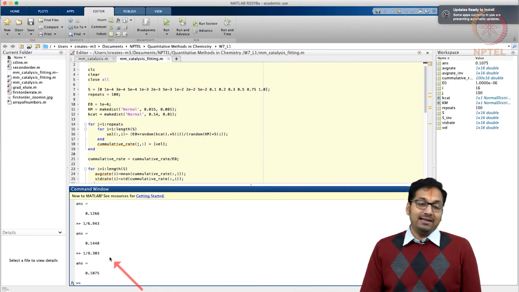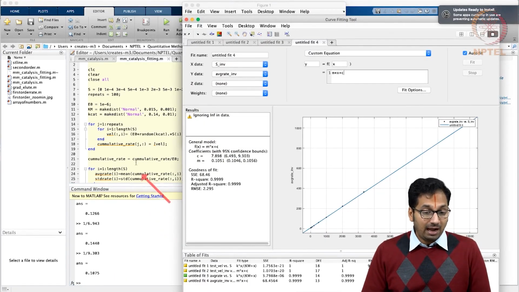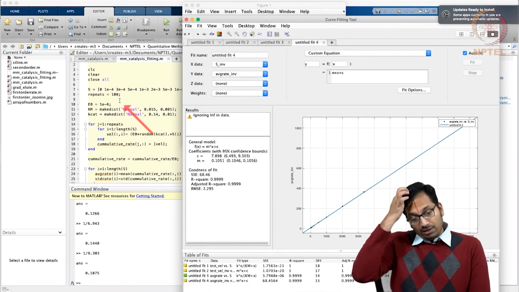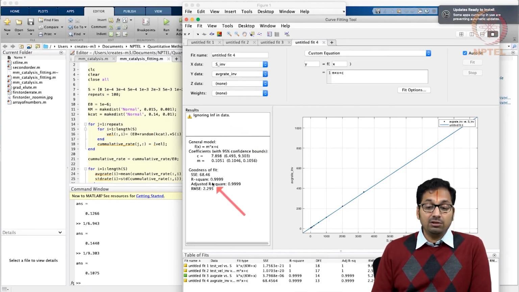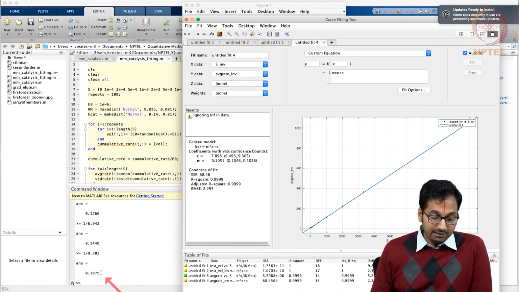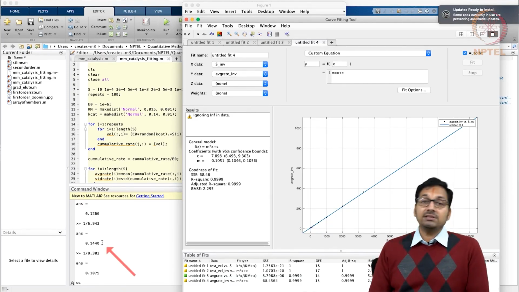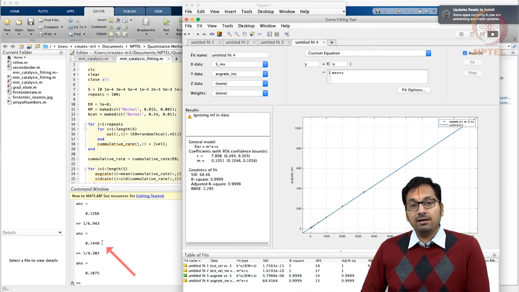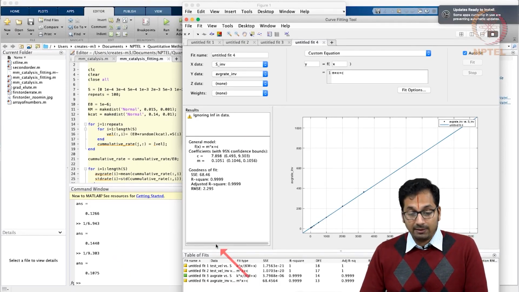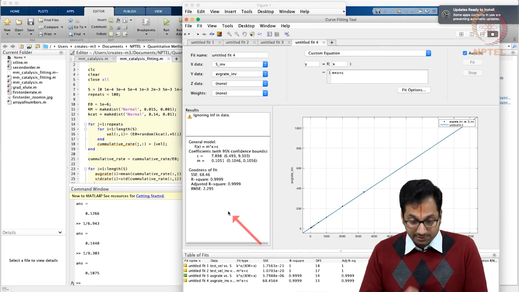So you are able to realize that although you did 100 simulations, when you are inverting the plot to get the fits, although the fit is fantastic, your kcat goes from 0.10 to 0.144. This indicates that although your fit is great, and although it's easy to fit linear curves, when you take a reciprocal of the model, the noise seems to be corrupting the data when you are getting it back. So this is an important inference that one has to have in mind.